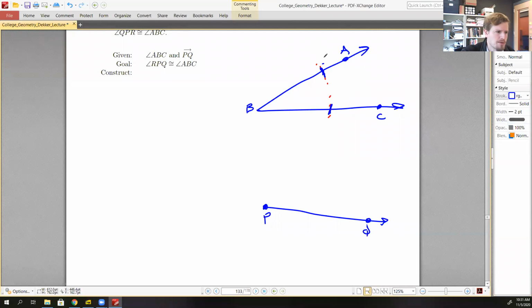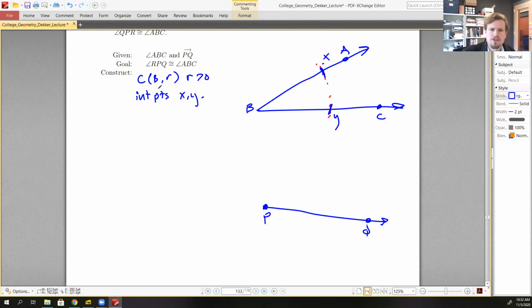We'll call those points X and Y. So the first thing is to construct that circle centered at B with radius R for some R greater than 0. That's going to give me the intersection points X and Y.